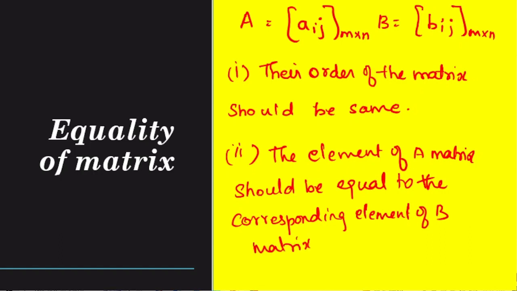That is, Aij should be equal to Bij. For example, if your A matrix is 2 0, 1 0, then your B matrix should also be 2 0, 1 0. That is what equality of matrices states.